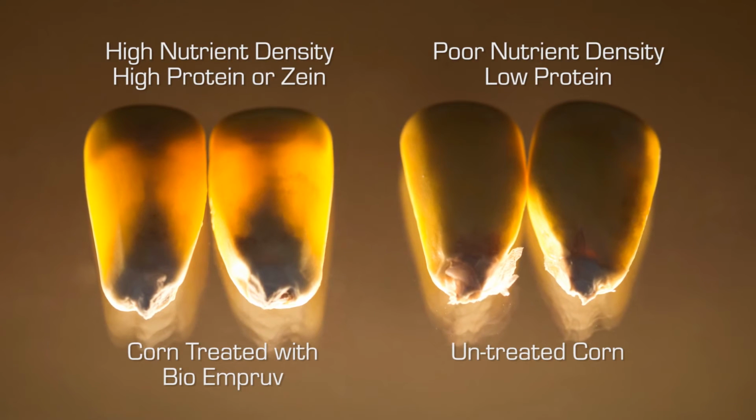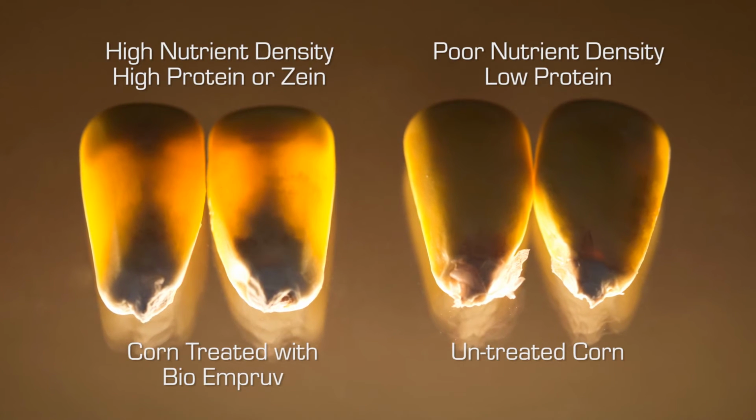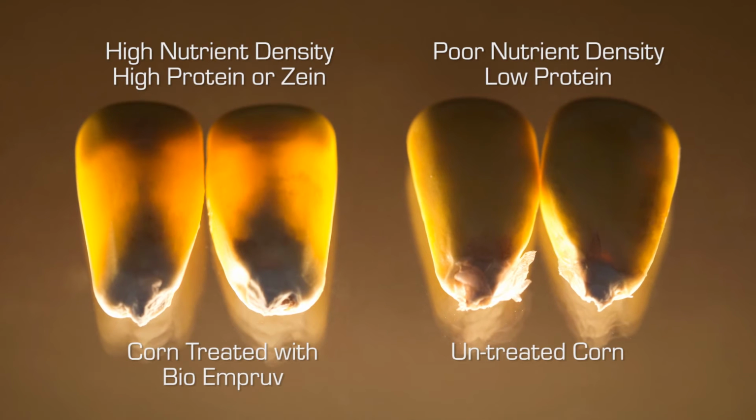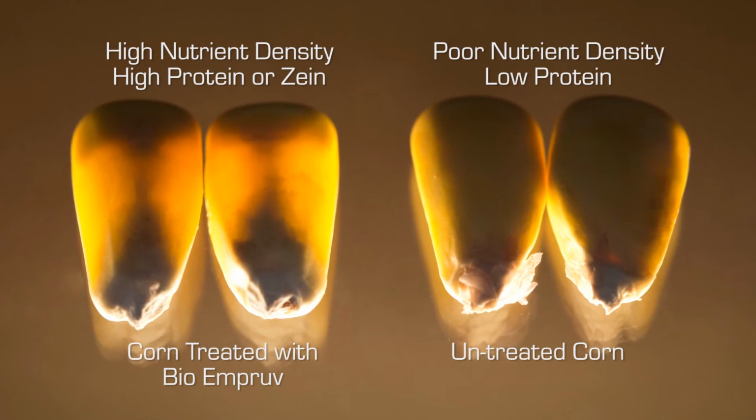Usually with Goss's wilt, the whole plant will finally die off 2 to 6 weeks before genetic maturity is established. The bacterium then has an opportunity during that stress period to infect the kernels.